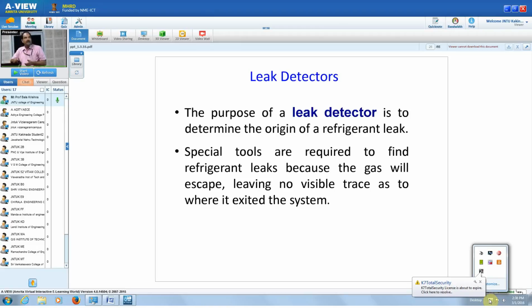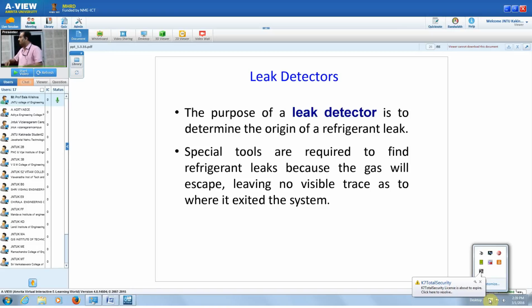Right? That's why we have to use the leak detectors. The purpose of the leak detector is to determine the origin of the refrigerant leak. Special tools are required to find refrigerant leaks, because the gas will escape, leaving no visible trace as to where it is exiting the system.